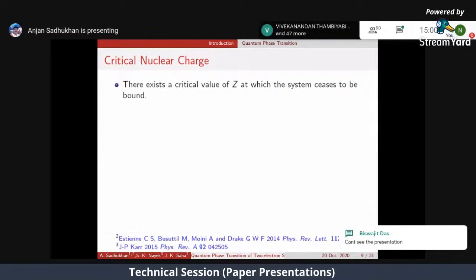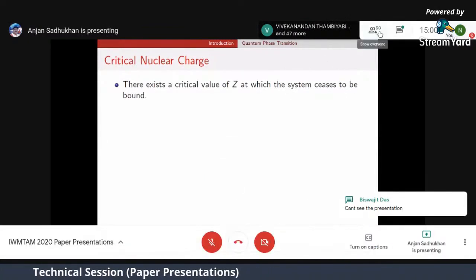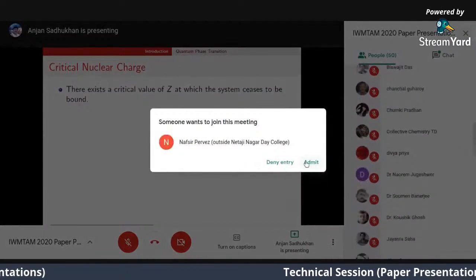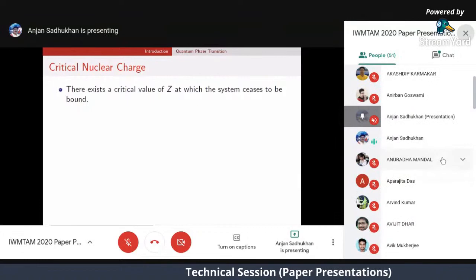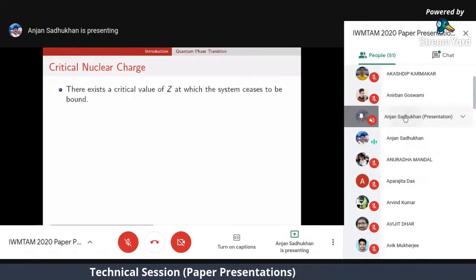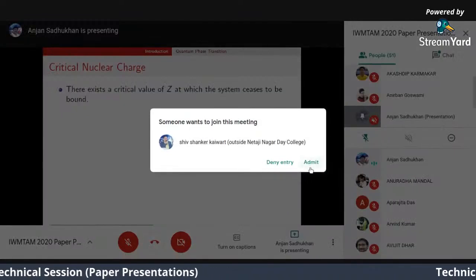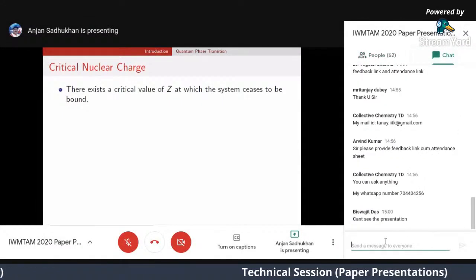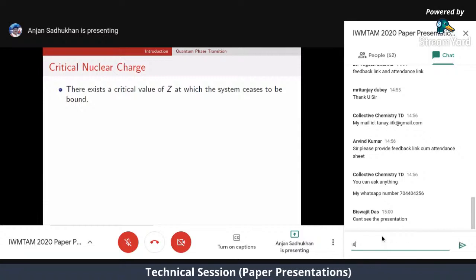Now, the critical nuclear charge is the minimum charge required for an atomic system to have at least one bound state. If the system possesses a nuclear charge less than Zc, that means the critical nuclear charge, then the ground state will become unstable against electron detachment.